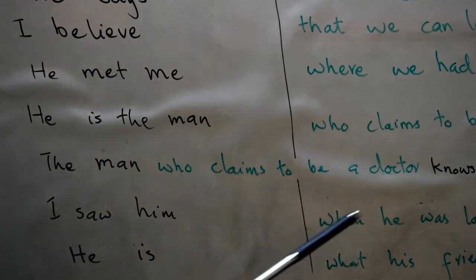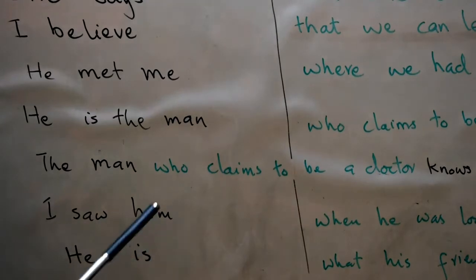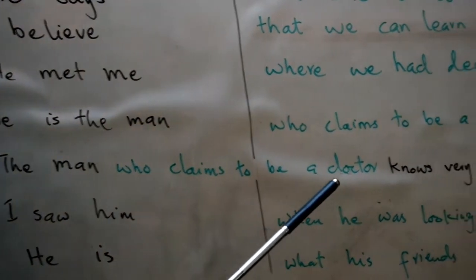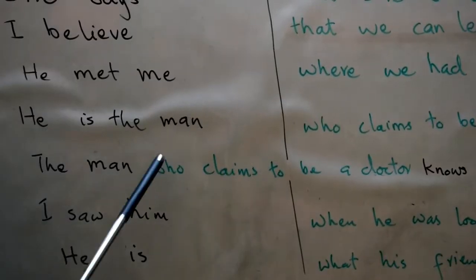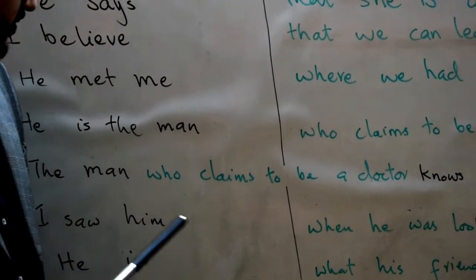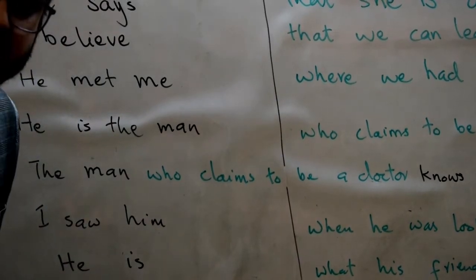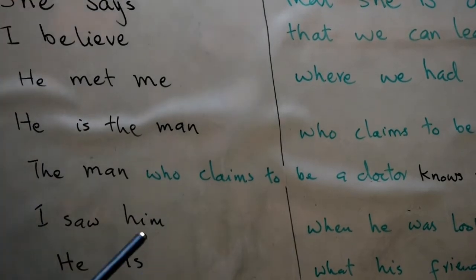Which man knows very little about COVID-19? Which man? Who claims to be a doctor. Now this who claims to be a doctor is responding to a question about the man in the main clause. Understood or not?